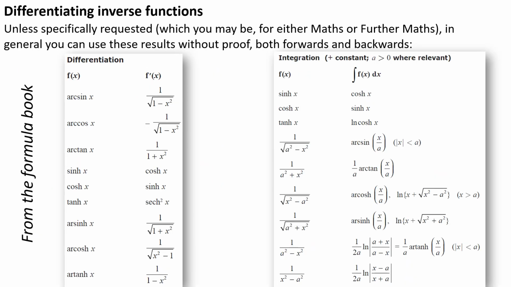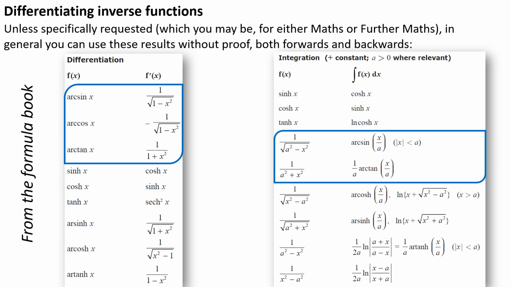If you're starting to get worried that there's going to be a bunch of different random results to learn, then don't worry, the formula book has got you covered here. If you turn to the Further Maths section of the formula book, you'll be able to apply results directly from the differentiation section or from the integration section slightly further along. For now, we're only really focusing on these.